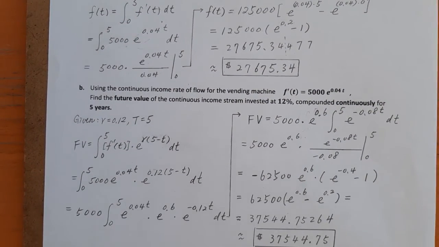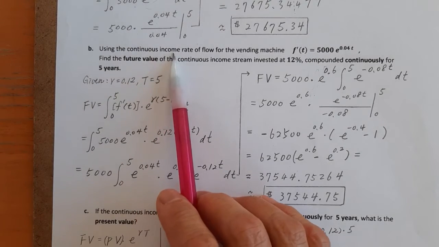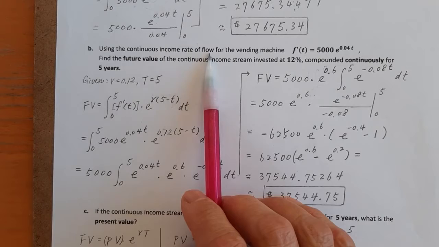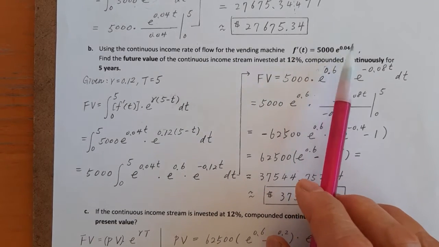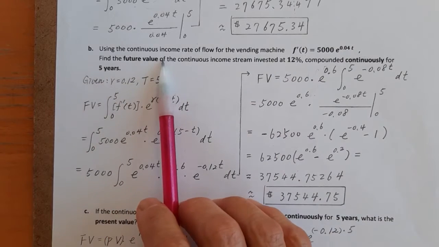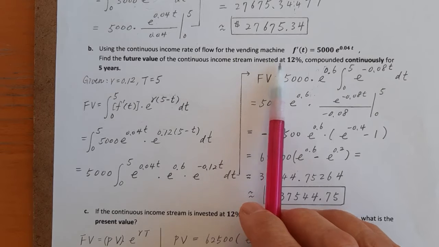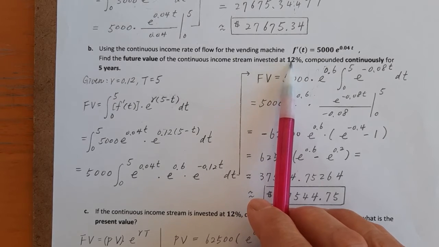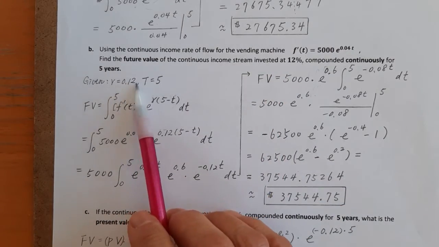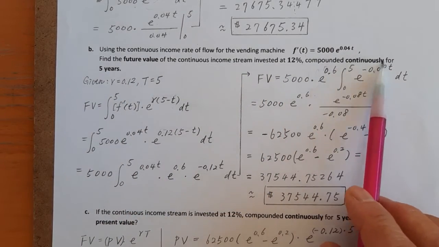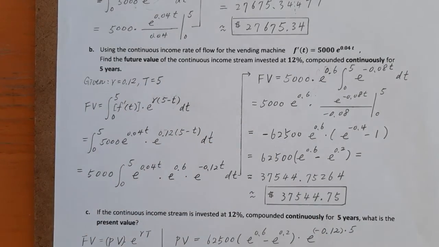And B. Using the continuous income rate of flow for the vending machine, using this rate, find the future value of the continuous income stream invested at r. Smaller r is 12%, is 0.12, compounded continuously for 5 years. So capital T is 5.